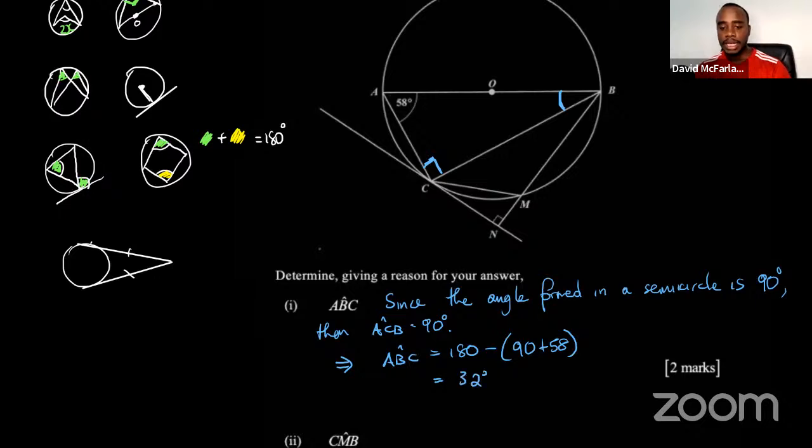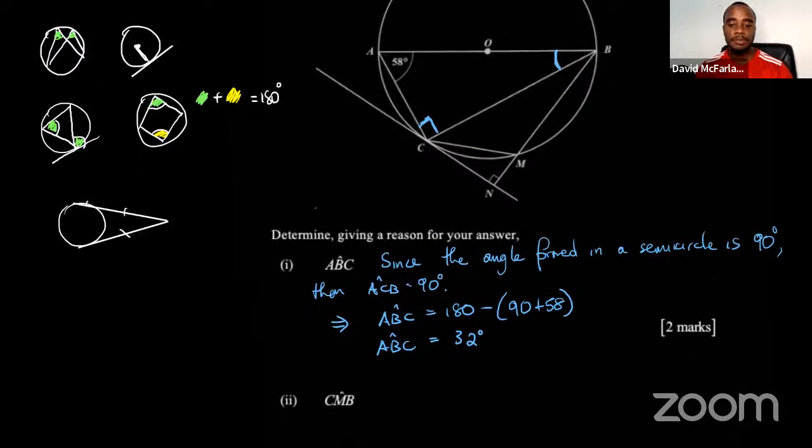And as we know, that is 32 degrees. So ABC is 32 degrees.